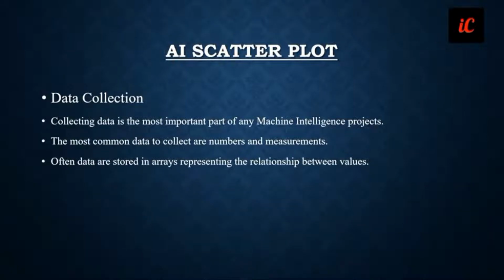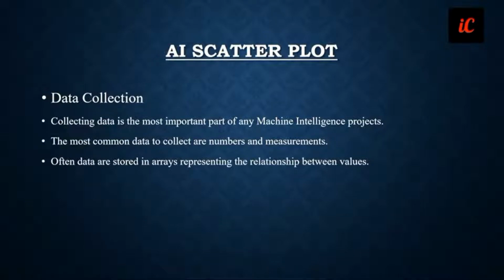So collecting data is the most important part of the machine intelligence project because the most common data to collect are numbers and measurements. So often data are stored in arrays representing relationship between values. If we are going to plot anything, we require numbers for that, right? So we require the data so that then only we will be able to plot something, right?